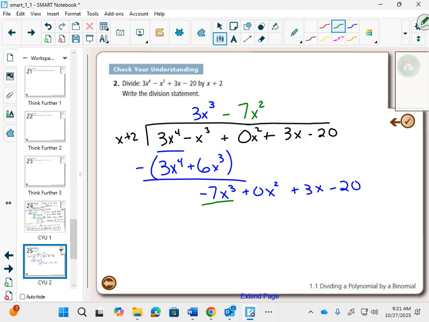And because I added the 0 column there, things are lining up. When I multiply this, I'm going to get negative 7x cubed, and negative 7 times a plus 2 is negative 14x squared. Put that in brackets and I can subtract. So 0 minus a negative 14 will be plus 14x squared. I still have the plus 3x, and I still have the minus 20.